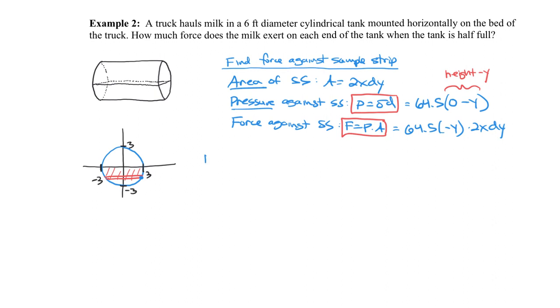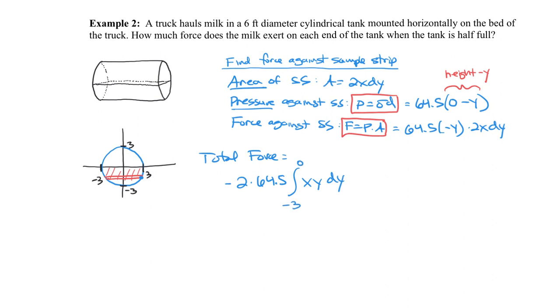So then we can find the total force. This is going to be, let's see, 2 times 64.5. I'll pull the constants out front. I'm going to pull the negative out there too, and then we'll get x, y, dy. And now y, the way we have this set up, is going to go wherever the strips are, right, from -3 up to 0. -3 to 0.